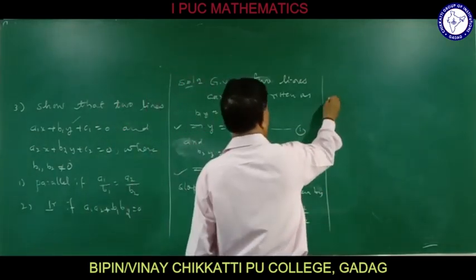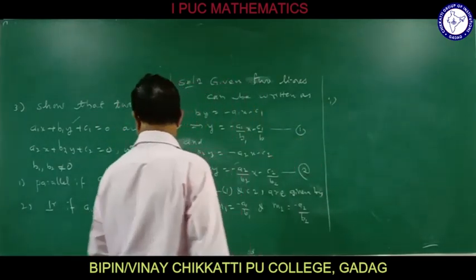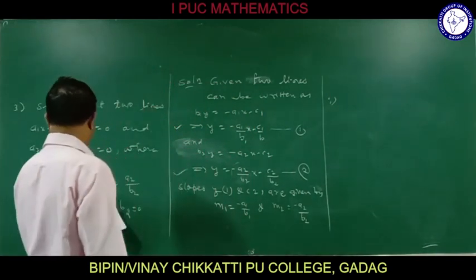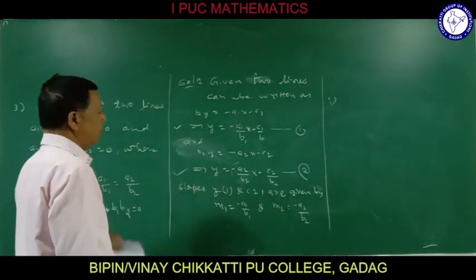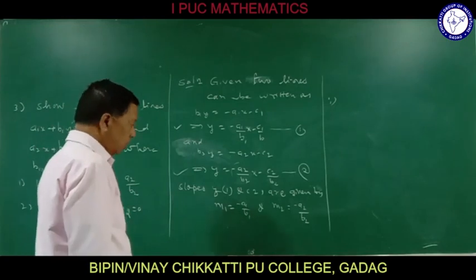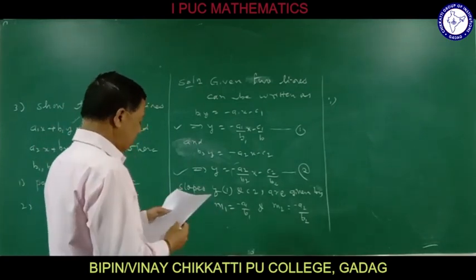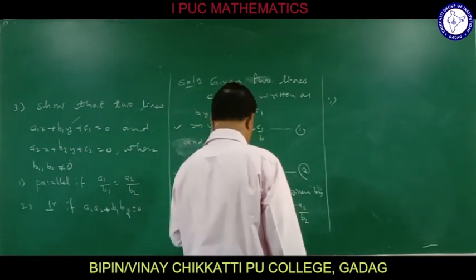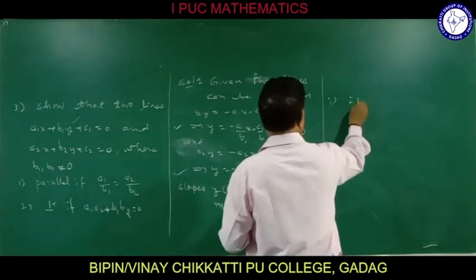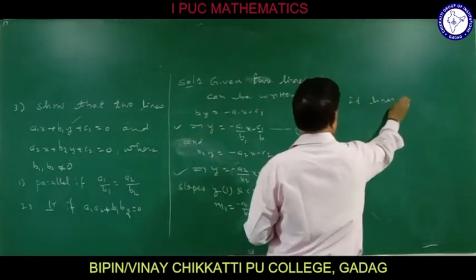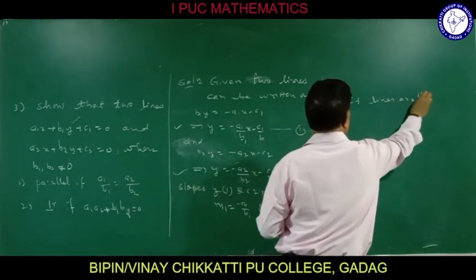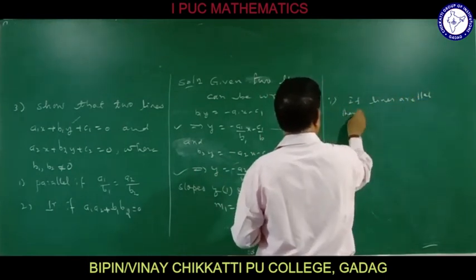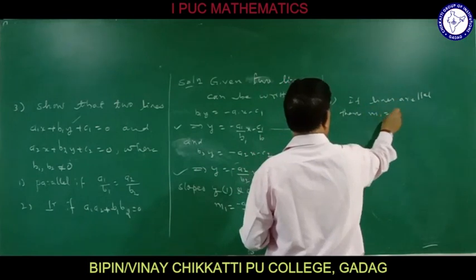What is the condition? If they are parallel, you have to prove that a1 by b1 equals a2 by b2. You know that when lines are parallel, slopes are equal, so m1 is equal to m2.